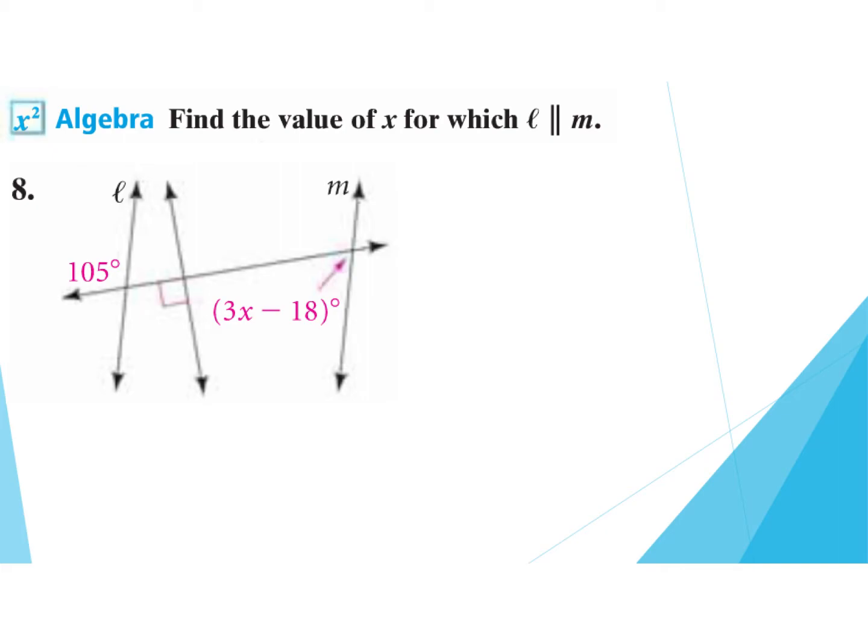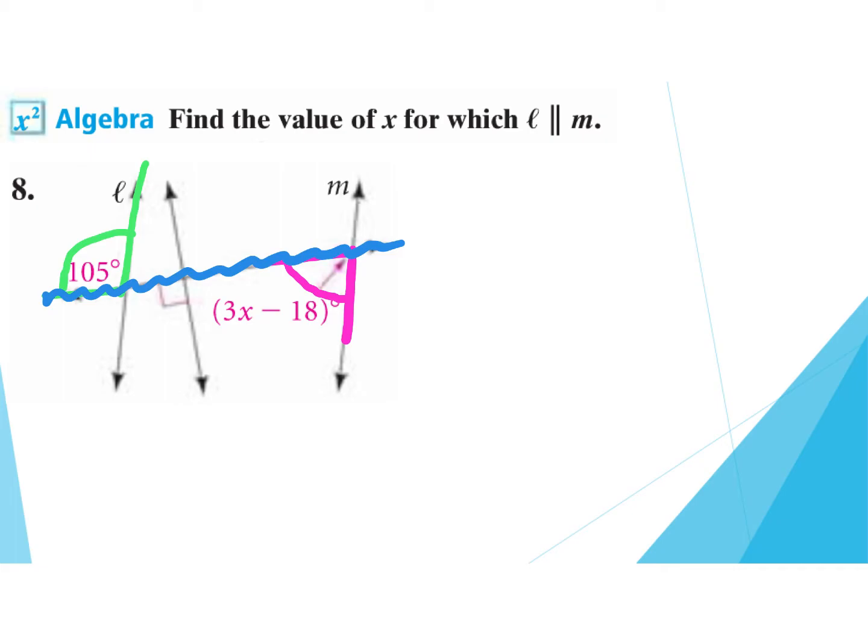For the next one, we need to make sure that we're focusing on just the angles that are given. So I have one angle, this 105 given right here. And the other angle is this angle right here, which has these sides. Now, the transversal we have is this angle right here.